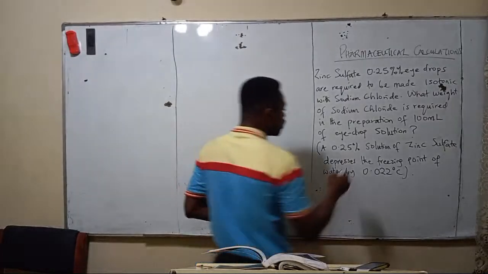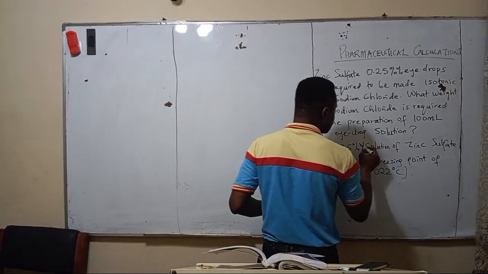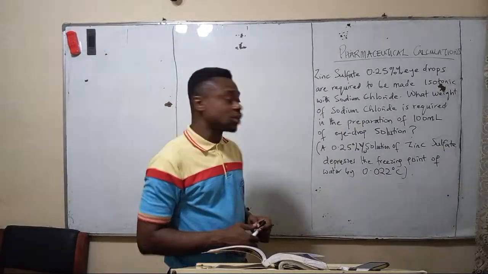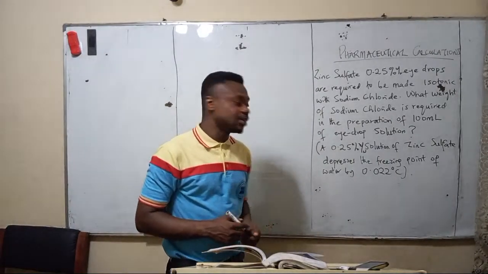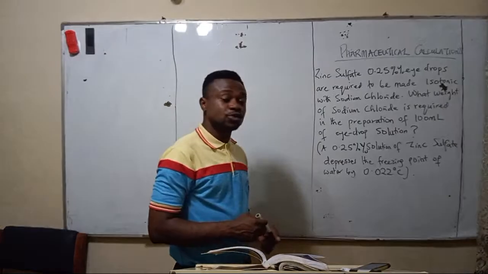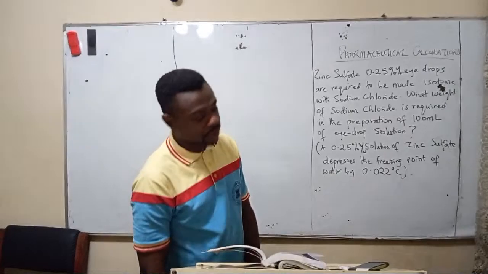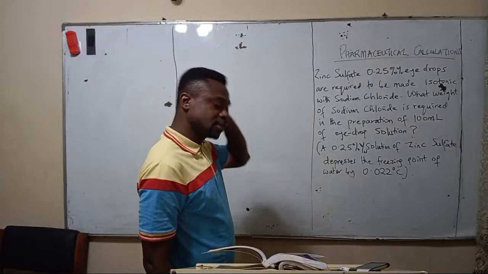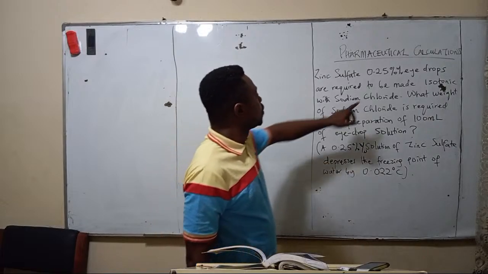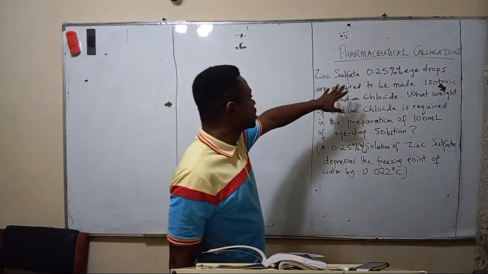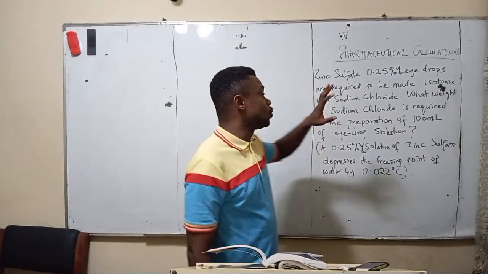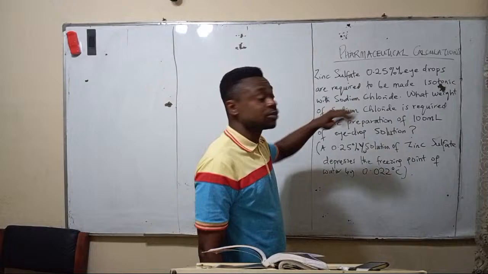A 0.25% weight in volume solution of zinc sulfate depresses the freezing point of water by 0.022 degrees Celsius. This question wants us to make a zinc sulfate preparation for eye drops, 0.25% weight in volume. The question wants us to make that preparation isotonic.